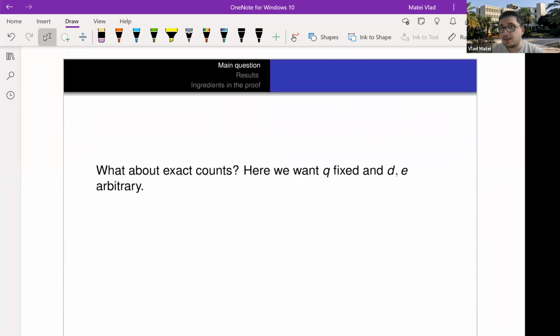So how about exact counts? In this case, you want to keep Q fixed and you want to take D arbitrary. So you want to get some concrete expression about what this is.